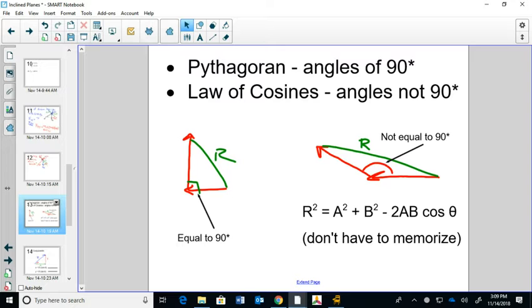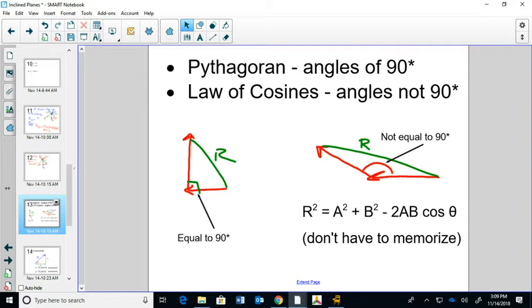If the angles were at 90 degrees, we'd use Pythagorean. If the angles were not at 90 degrees, then we'd use the law of cosines. I am not expecting you to memorize the law of cosines formula, but I do expect you to be able to use it, and we use that on any triangle that is not at 90 degrees.